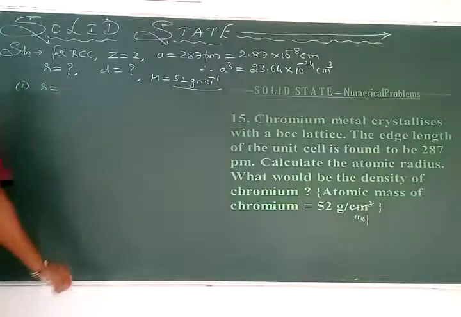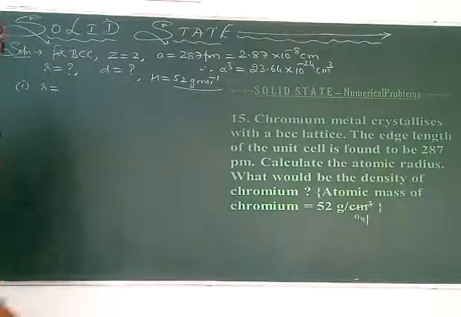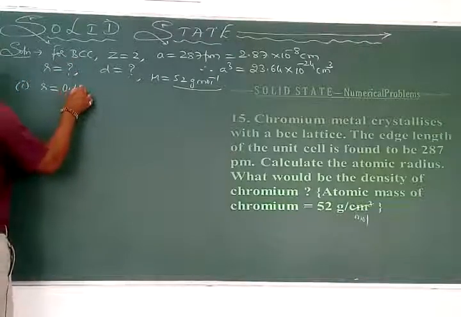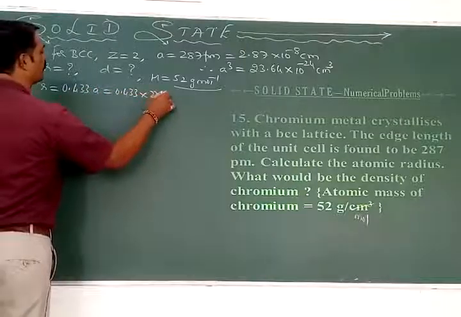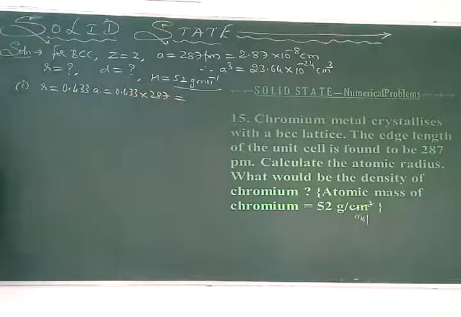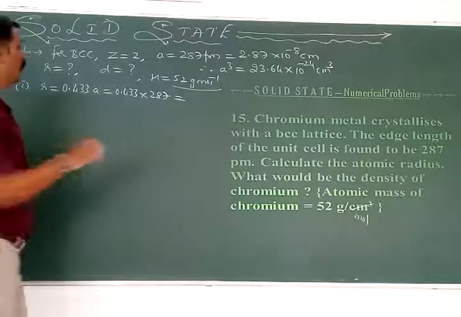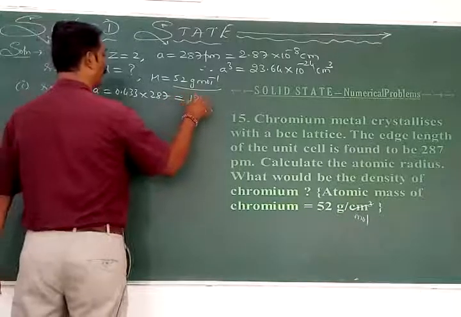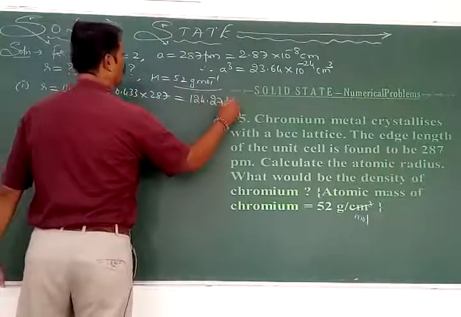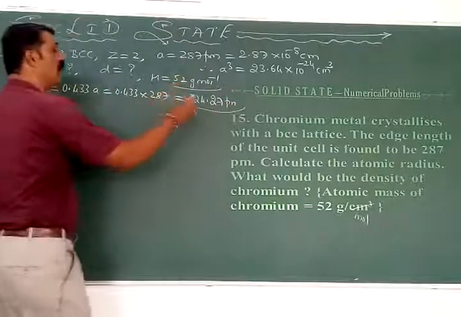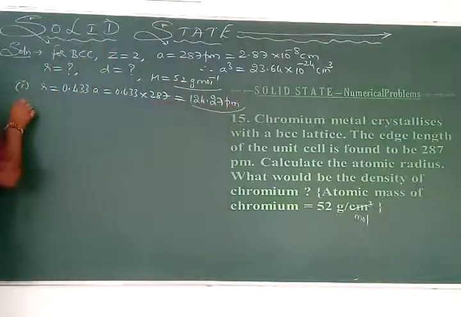For BCC, R is equal to 0.433 into a. 0.433 into 287 is going to be 124.27 picometer. So this is the value of the radius.